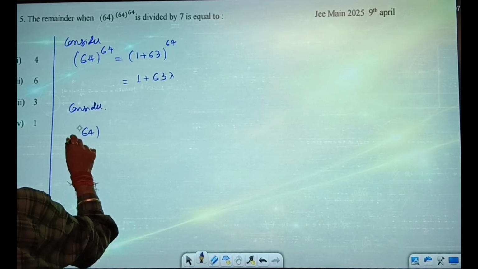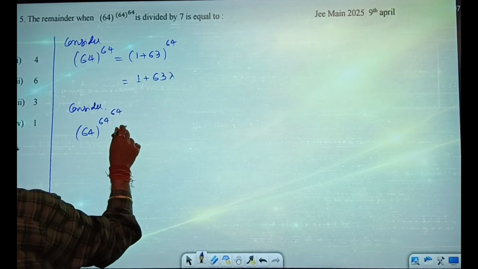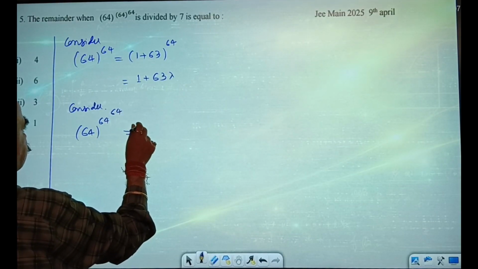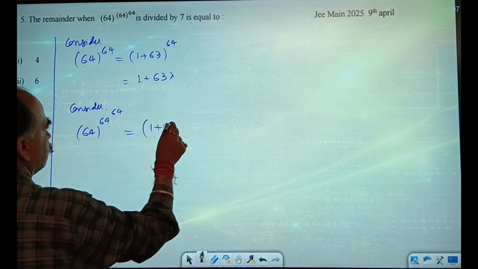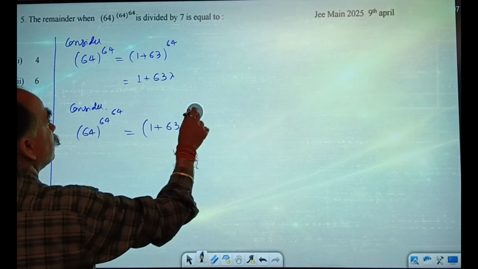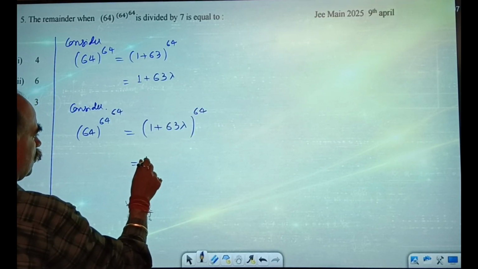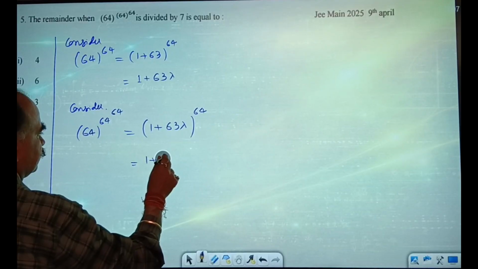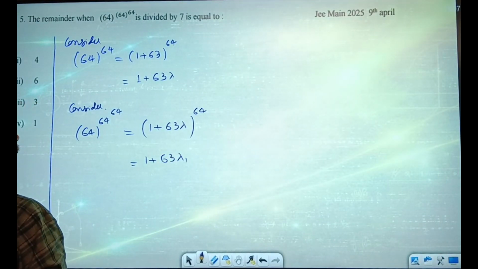Now consider 64 raised to 64, which can be written as (1 + 63) raised to 64, and again this will be 1 plus 63 times lambda 1.